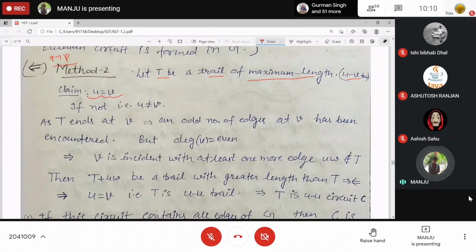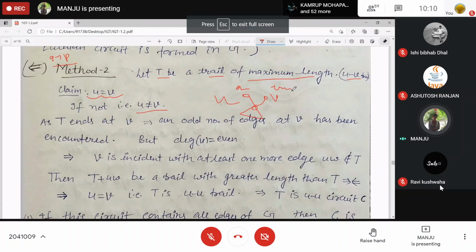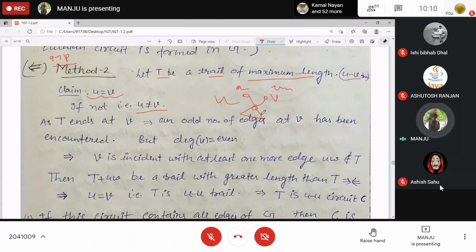If not closed, meaning its endpoints are not the same, then T will start at U and end at V. By this criterion, as the degrees of U and V are both even, V is incident with at least one more edge, say VW, and that is not present on T. Why?